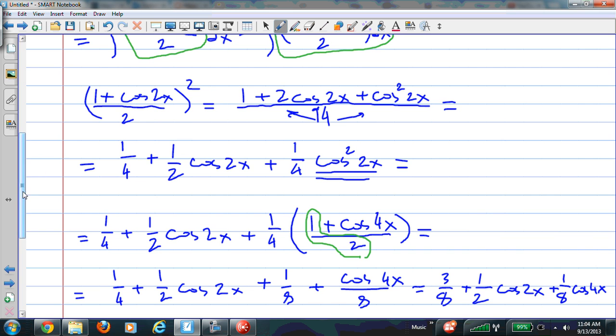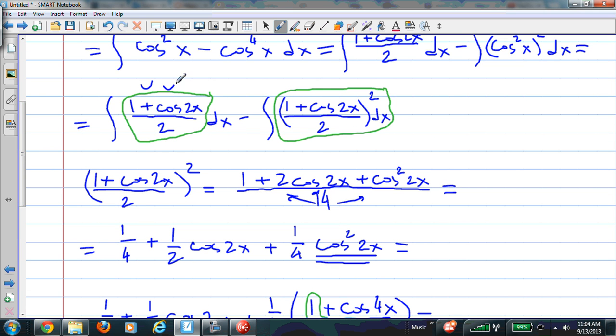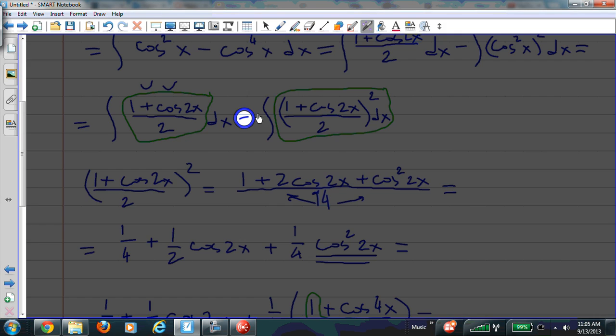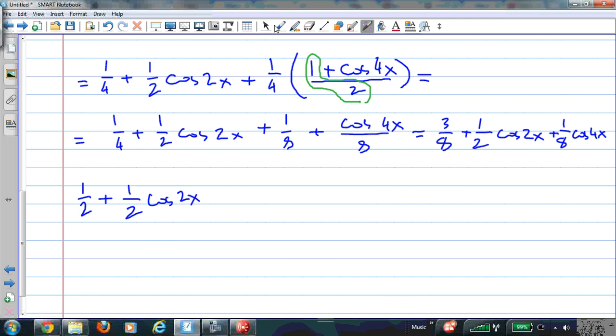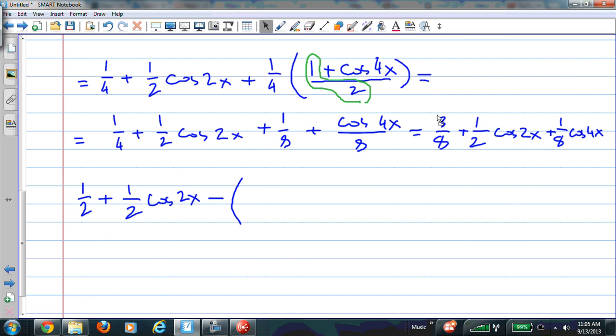This was the first integral right here. And then it says subtract the big one, the one which we just dealt with. Again, not doing any calculus yet. So I'm just copying this over here.